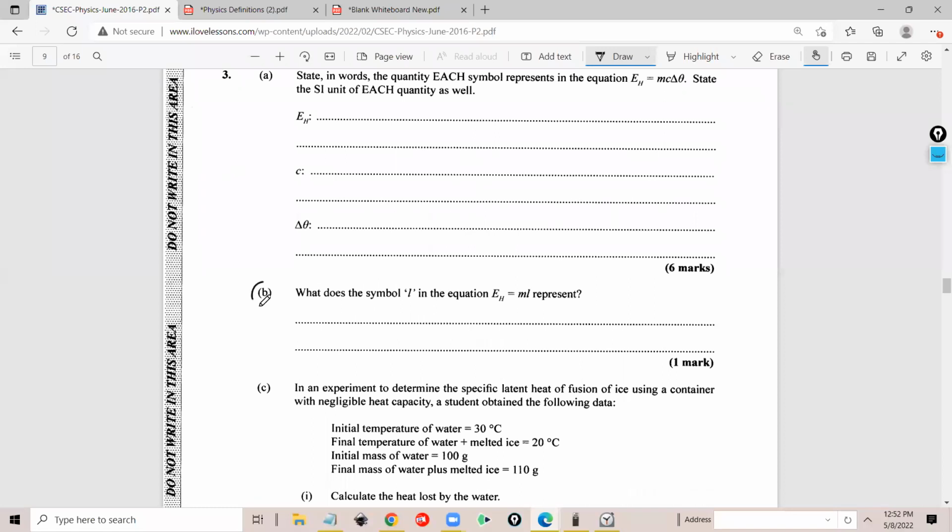L is what? The latent heat. Now, they didn't say whether it was L subscript V or L subscript F. Remember, when it's V, it's latent heat of vaporization. And if it's F, it's what? Latent heat of fusion. But they didn't specify which one, so I just put latent heat.